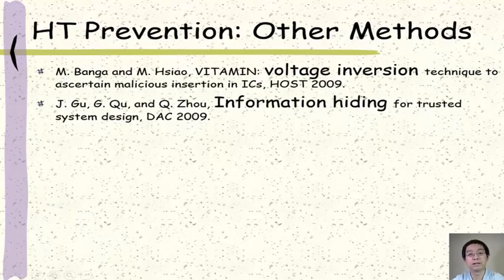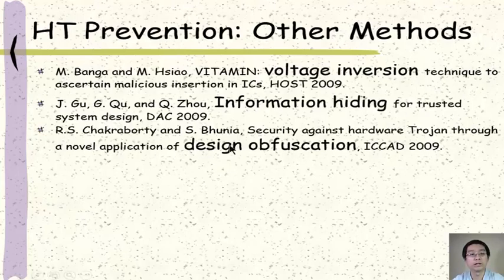The basic idea here is that they try to change the system specification deliberately, such that if a hardware Trojan is inserted, it will change the system's performance dramatically, and this can be observed from the final system. In the same year, Chakrabarty and Bonnier proposed to use circuit obfuscation, trying to make the circuit much harder to understand, and this will prevent, or in some sense deter, hardware Trojan insertion.